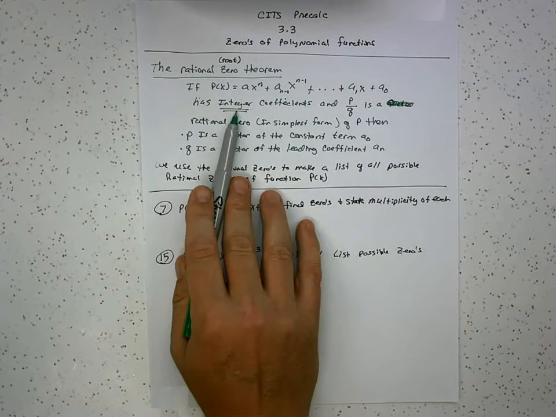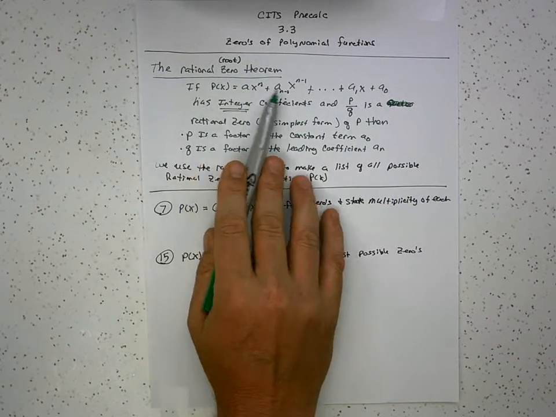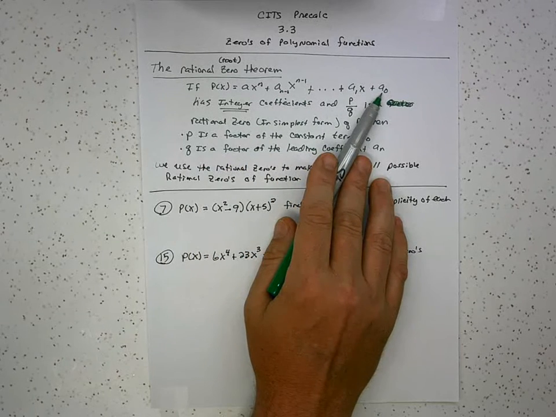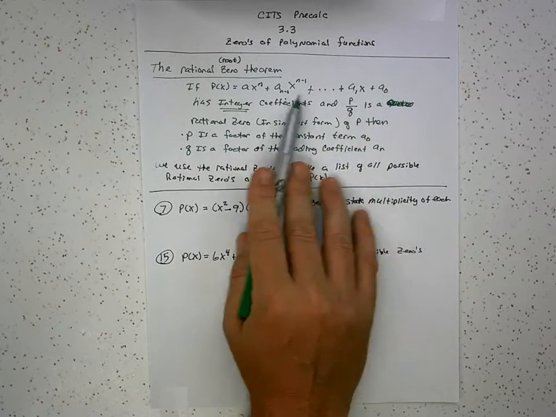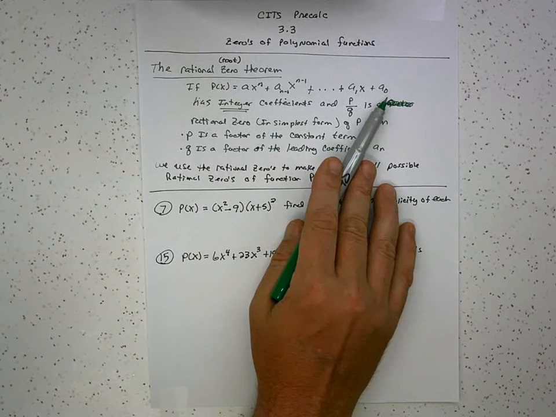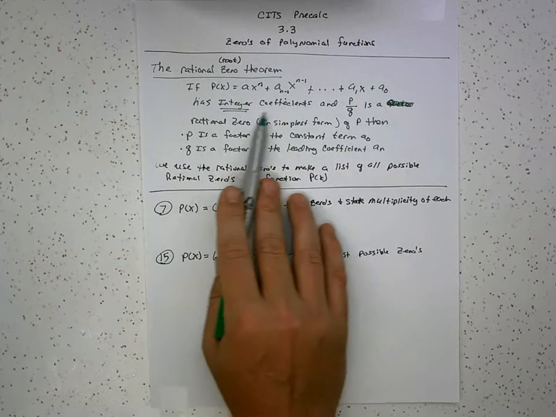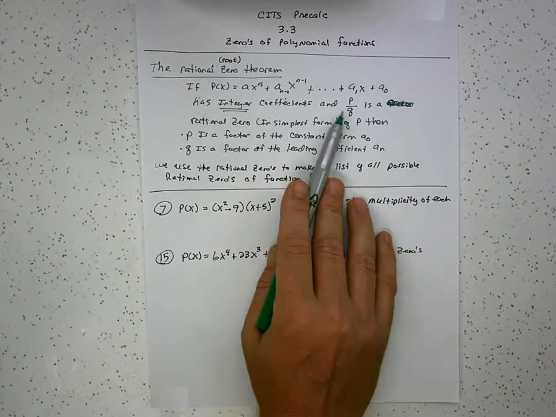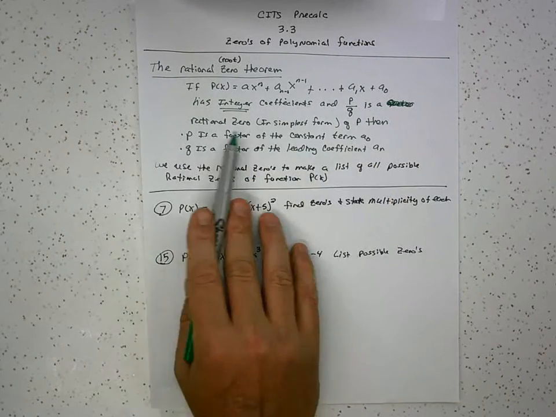If it has integer coefficients, in other words, all of these have to be integers. They can't be fractions or decimals. If they are, we have to multiply by a common denominator and get rid of the fractions. Okay, if they have integer coefficients, and P over Q is a rational zero.